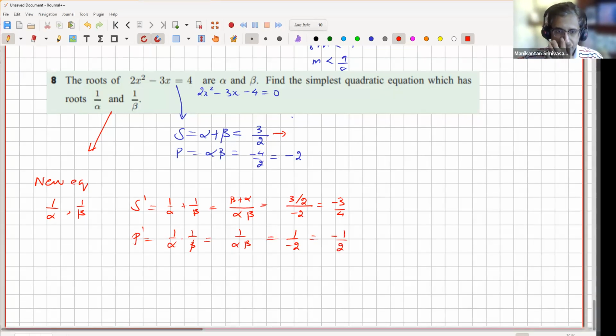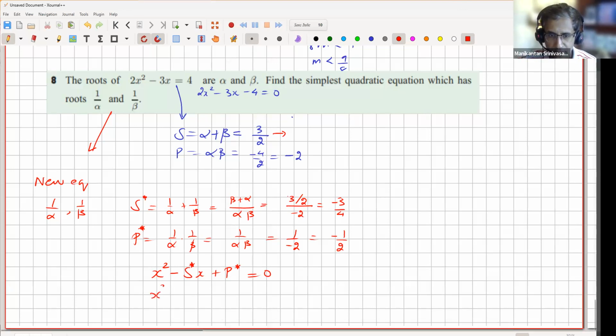Now, once we have the sum and product, the general rule is x square minus sum of roots times x plus product of roots equal to 0. This dash is not a power, it's just a hyphen, so maybe I'll mark it as S star so that it's clear. So that's the general equation in terms of the sum and product of roots.